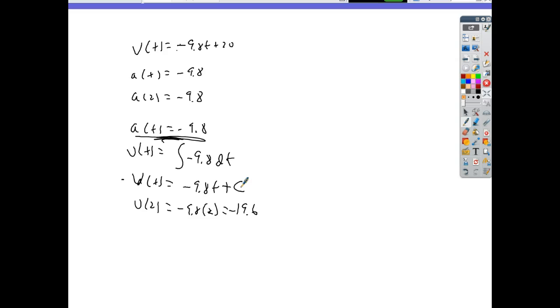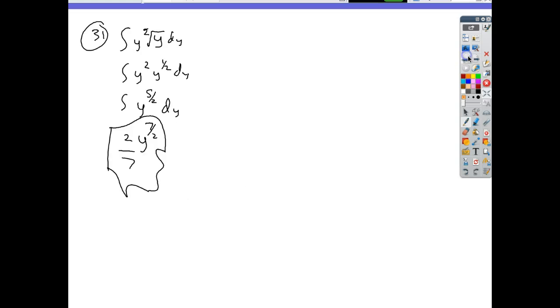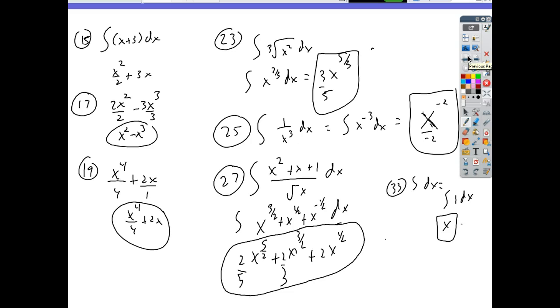Which means, on the previous worksheet, this is plus c. This is plus c. This is plus c. They were all wrong. Every last one of them wrong.